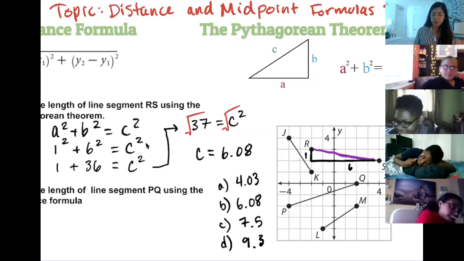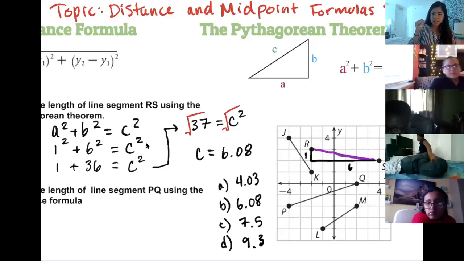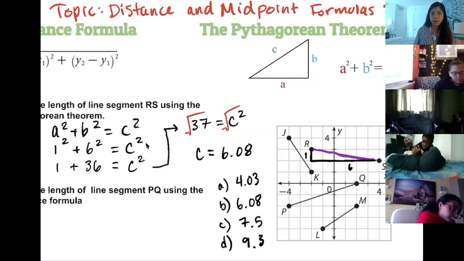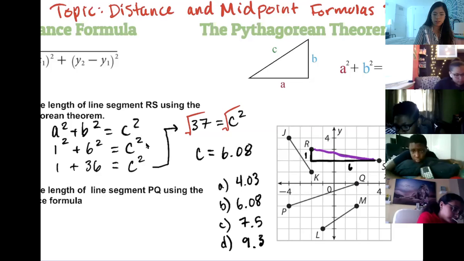So then the square root of 37 is going to be a little bit more than 6. If you know in your head that the square root of 36 is 6, then you can guess pretty well that the square root of 37 is going to be a little bit more than 6.